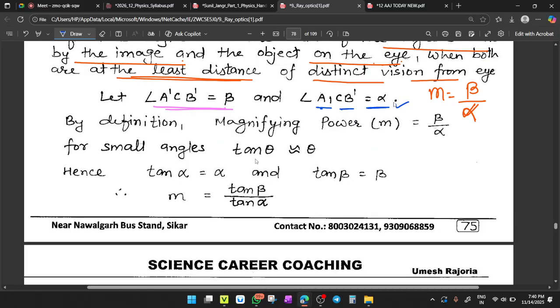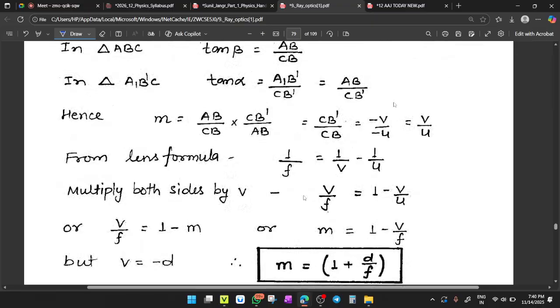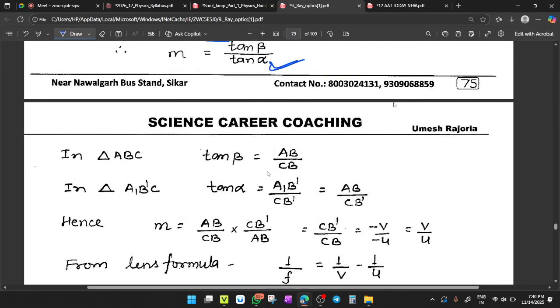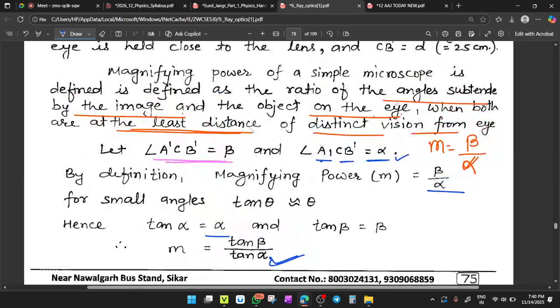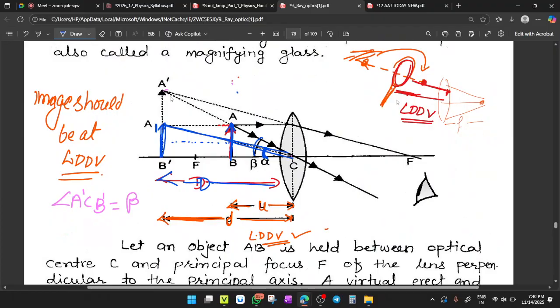Clear? Now magnifying power M equals beta upon alpha. As the angles are very small, I can consider them as tan beta upon tan alpha. Now place the values. Tan beta equals perpendicular upon base, so it equals AB upon BC.